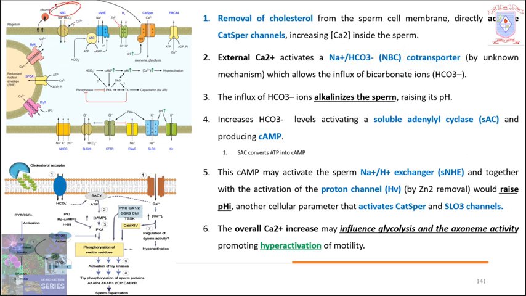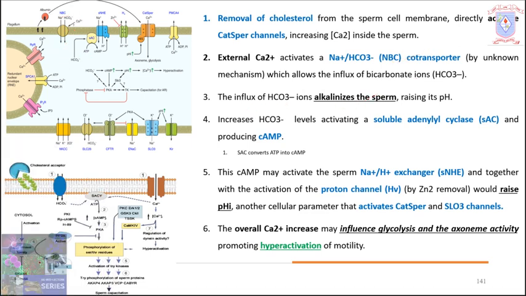But the mechanism of the activation of NBC cotransporter is unknown. So the activation of this NBC cotransporter allows the influx of bicarbonate ions into the cytoplasm of the sperm. This influx of HCO3 ions alkalinizes the sperm and raises its pH.